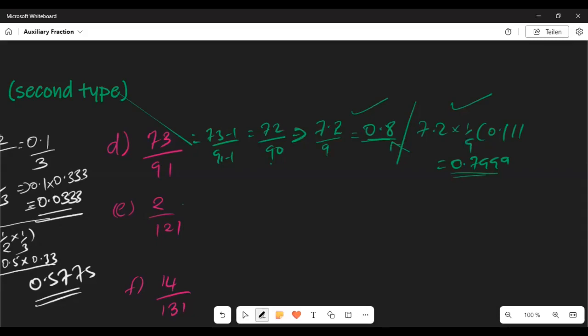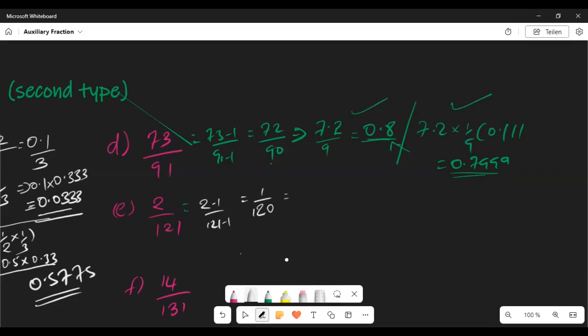Let's look at E, the number 2. In the case of 2 also, we say 2 minus 1 over 121 minus 1. So here we have 1 over 120.